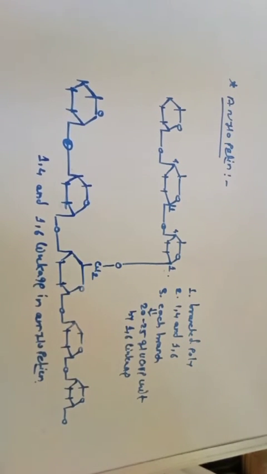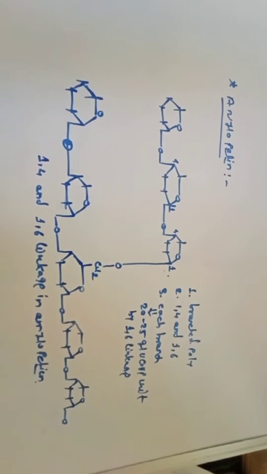This amylopectin also gives glucose molecules on complete hydrolysis. After hydrolysis, there is cleavage of the glycosidic bond, and it forms glucose molecules.